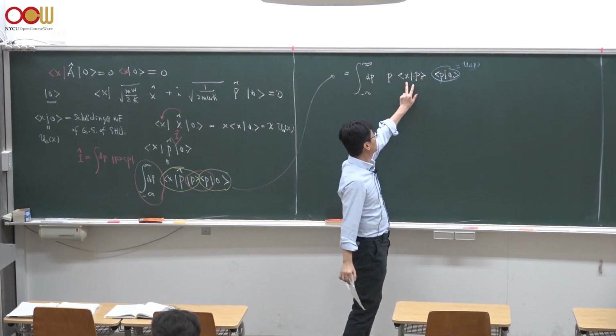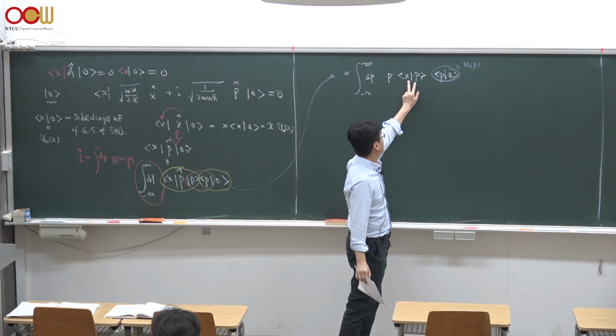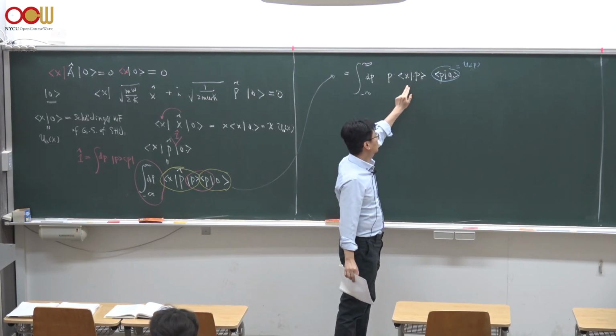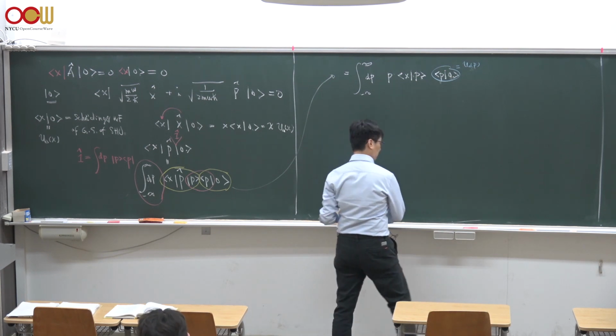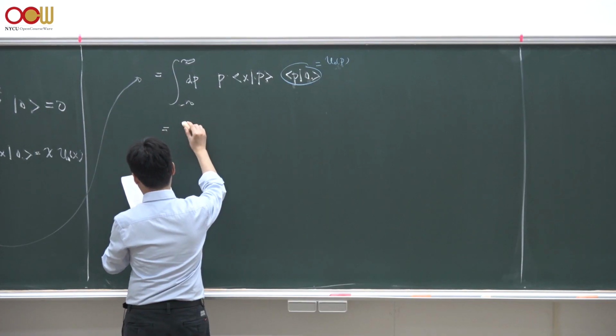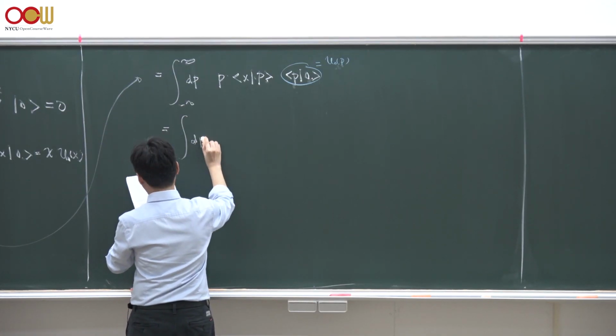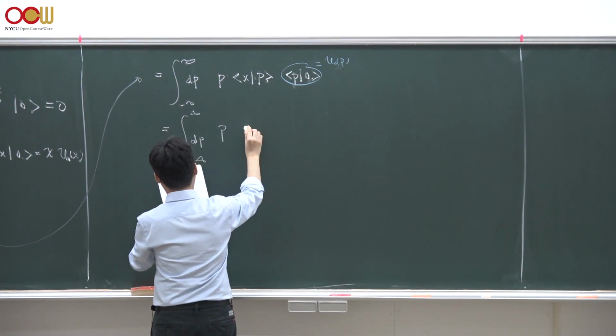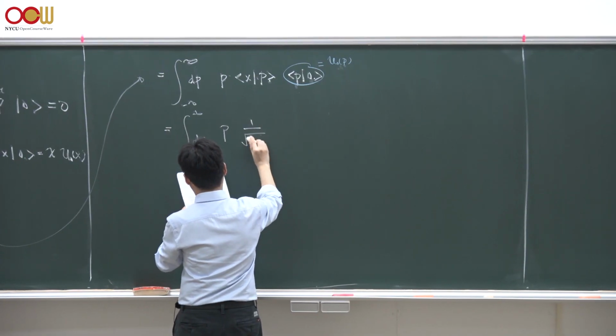But what is this? This is a projection, or inner product, between this momentum eigenstate and position eigenstate. So we found that. We already did that. Remember that. We have the solution of this matrix element. This is nothing but this plane wave.